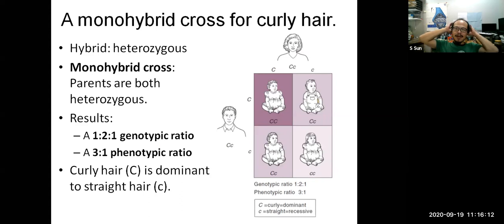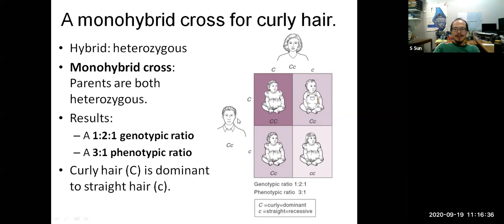And also, if the parents have the dominant phenotype, but the kids have a recessive phenotype, if that's happening, then their parents must both be heterozygous.